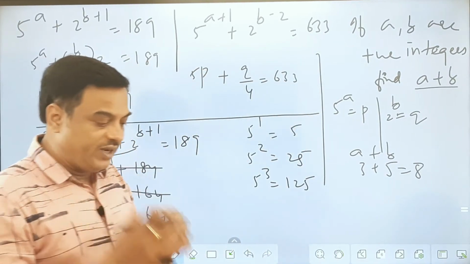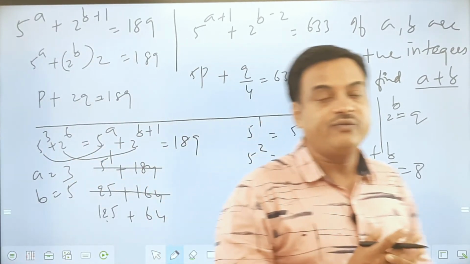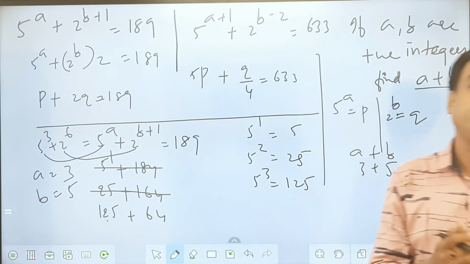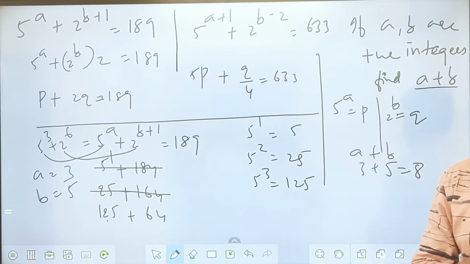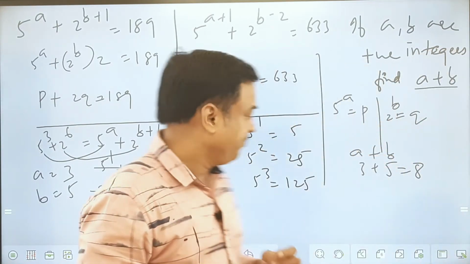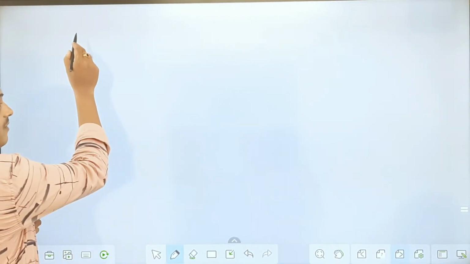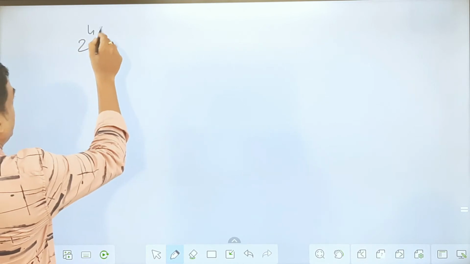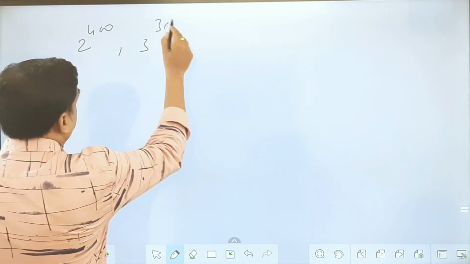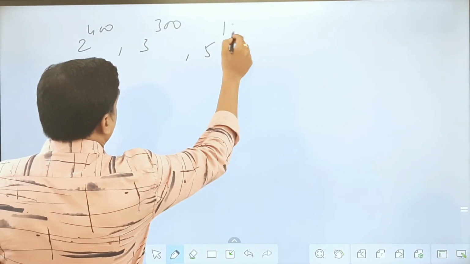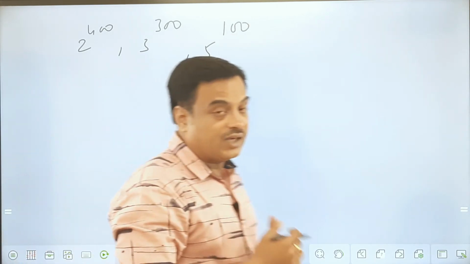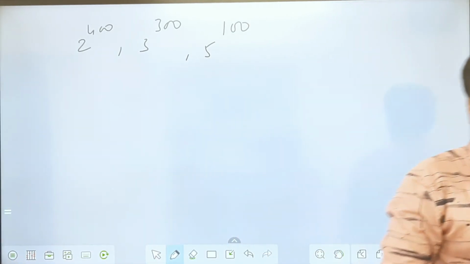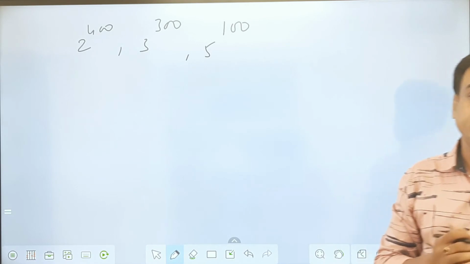Okay. So we did quite a few problems on solving for x. Let us do 2 or 3 problems on comparison of numbers. So let's see the comparison of numbers questions here. Suppose we have something like 2 to the power of 400, 3 to the power of 300 and 5 to the power of 100 as 3 numbers. Now the question is to identify which is greatest among them.